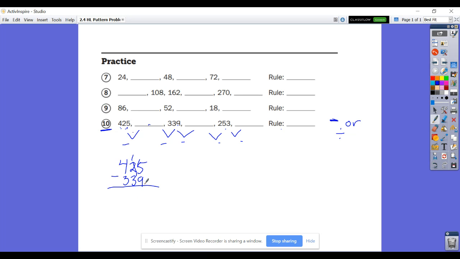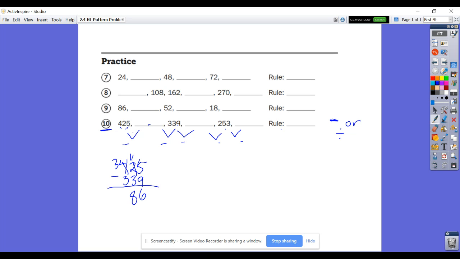We'll check, make sure we get the same thing. 6, and then I borrow. And okay, so I got a difference of 86. See if you agree with me, check my work. So now I know from 425 down to 339, that was a jump of 86.